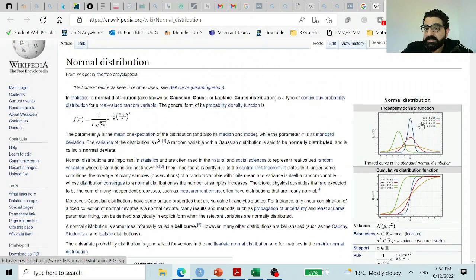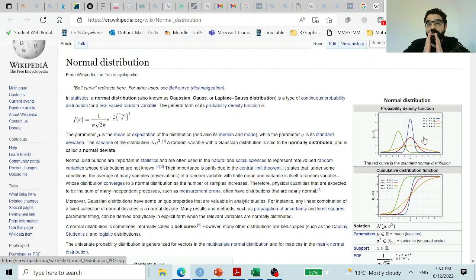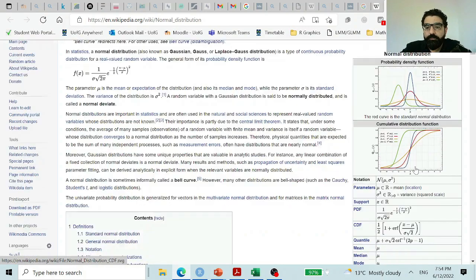And it changes its tilt, or it changes the width and let's say the centrality because of the variance. So if my variance is very high, it will be more flat. If my variance is low, everything will be squeezed around the mu value.